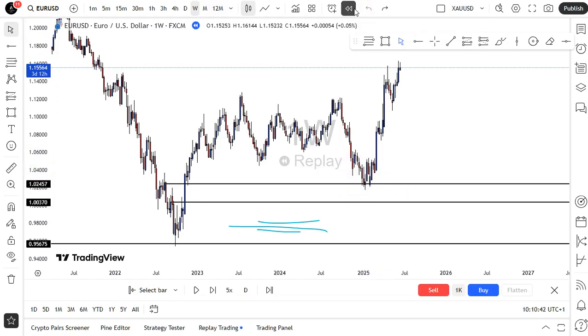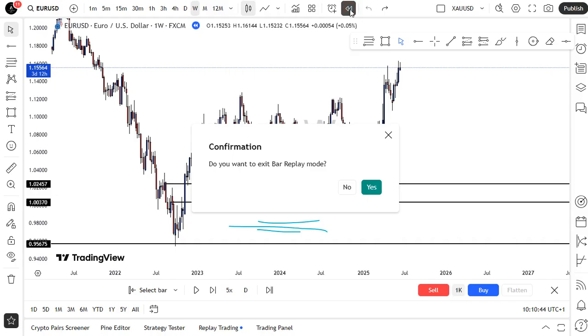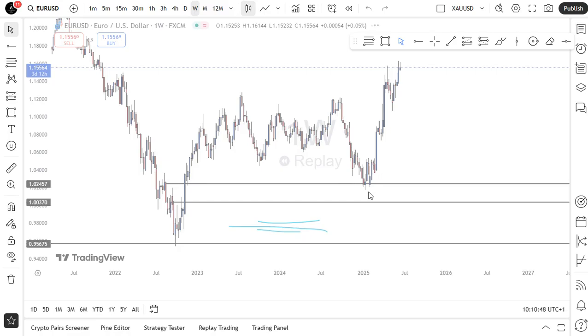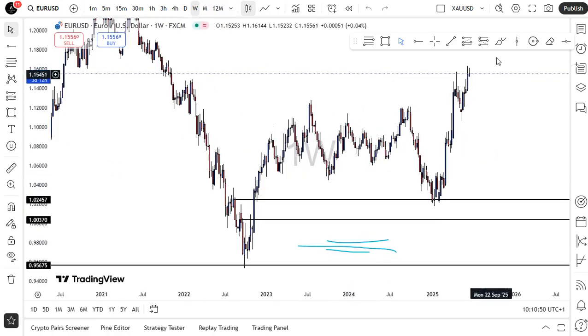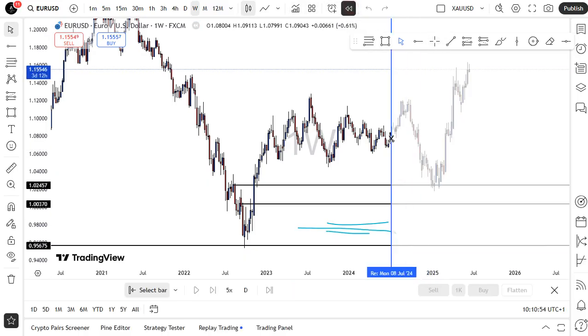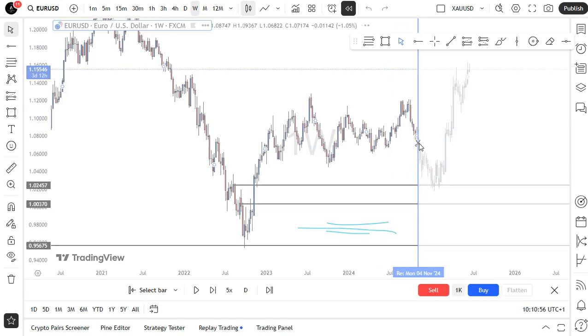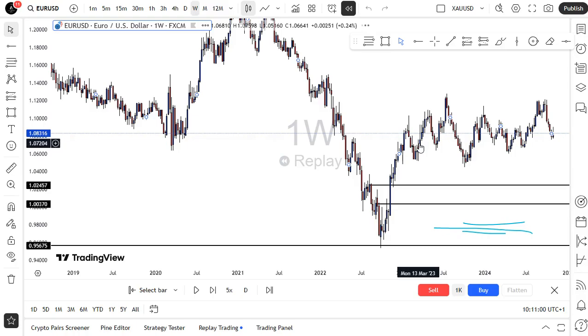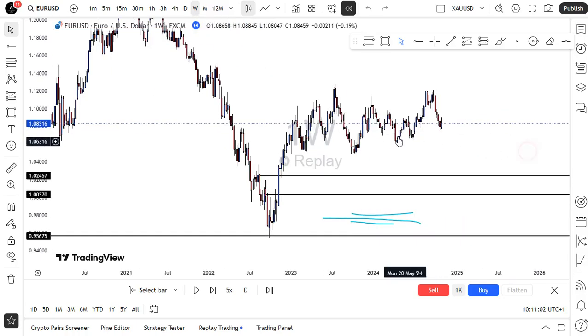Let me reverse the chart a bit. Is it possible? Now, are you ready?